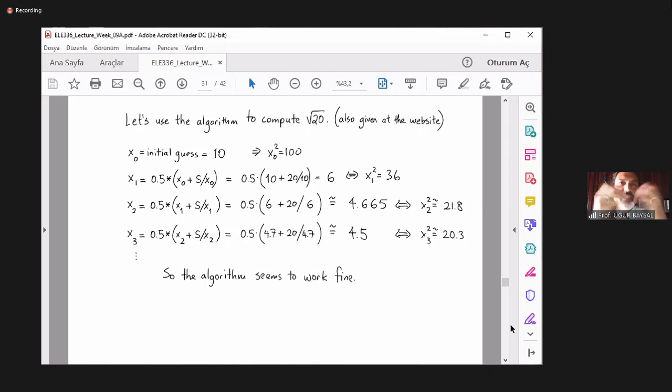Now, before designing the program, of course, let's have a try. Calculating the square root of 20, for example, also given at the website of the Babylonian method. The initial guess is assumed to be 10, so its square is 100.